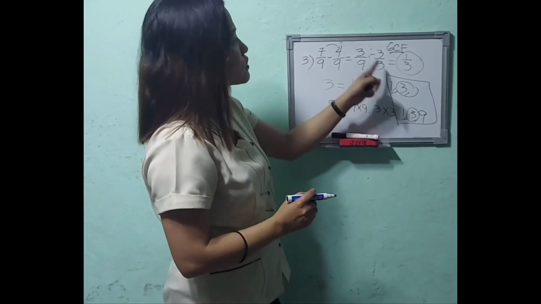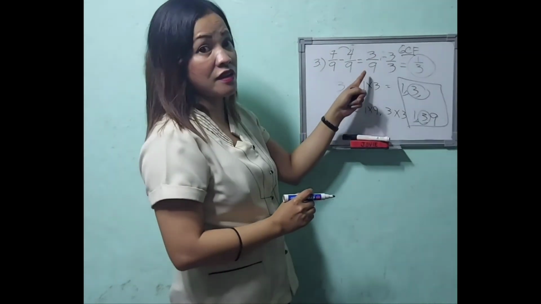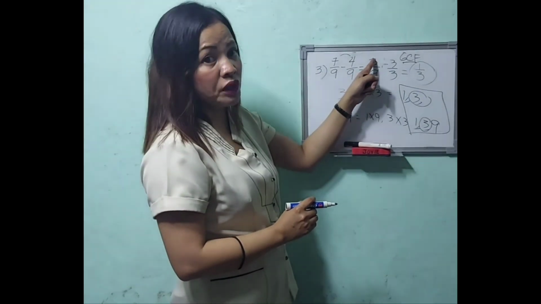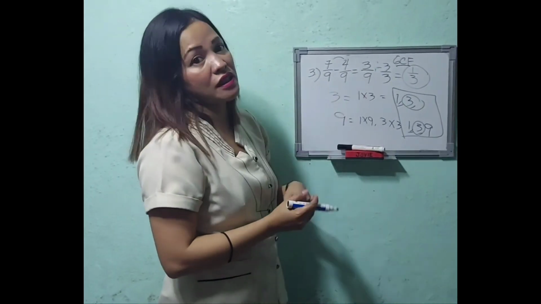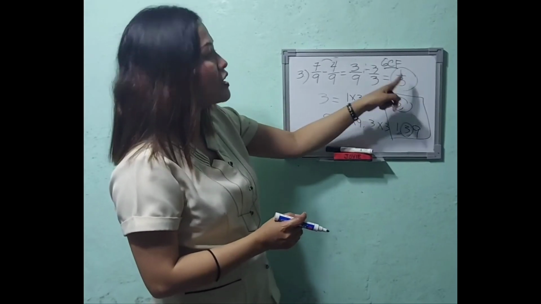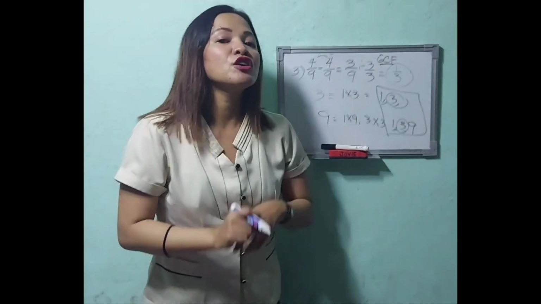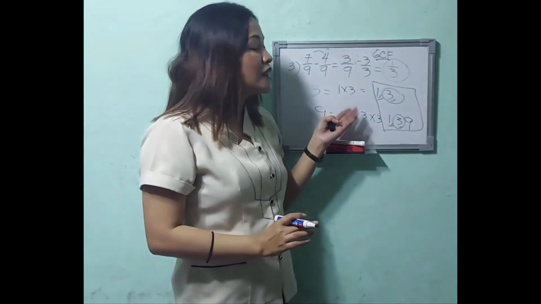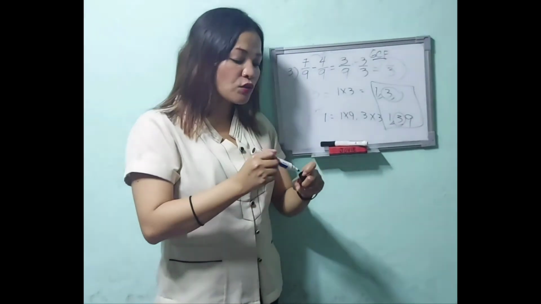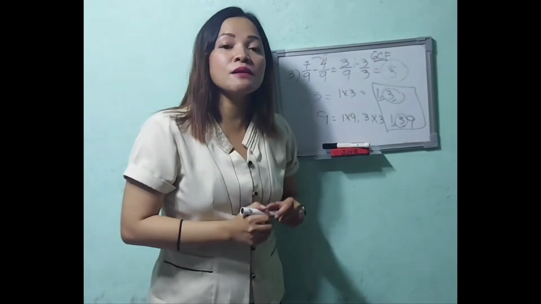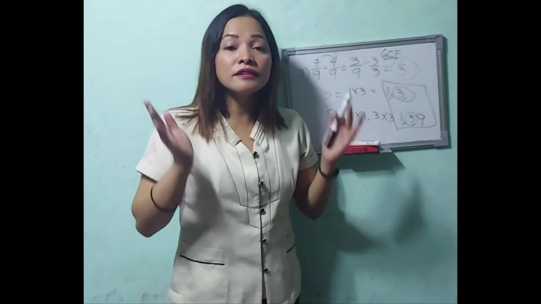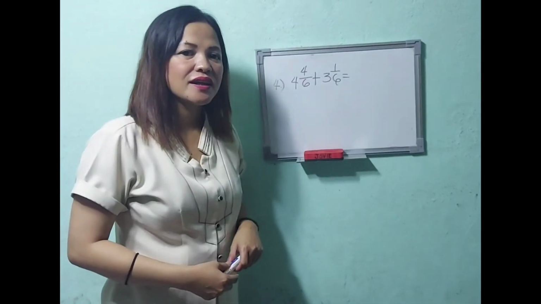Kaya naman, yung 3 yung dinivide natin sa 3/9. So, dinivide natin sa numerator at dinivide din natin sa denominator. Kaya nakuha natin yung final answer na 1/3. Ganyan ang ginagawa natin kapag yung sagot natin ay hindi pa simplified or hindi pa siya naka-lowest term.